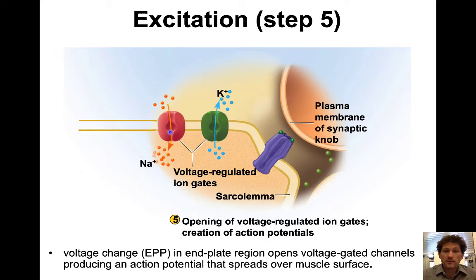And that is going to then stimulate an action potential that's going to pass down that plasma membrane in one direction, right? Because we still have those refractory periods following those action potentials. So it's going to spread over that muscle surface thanks to our sodium rushing in.